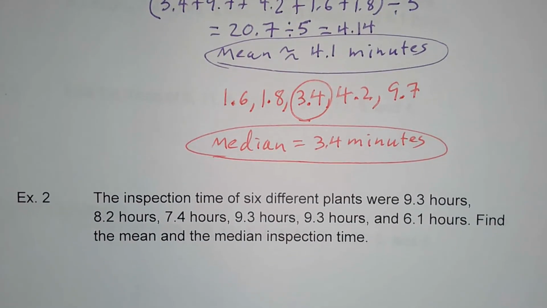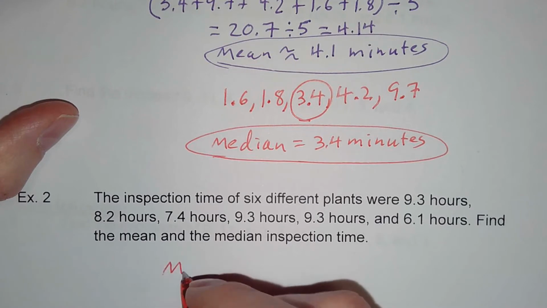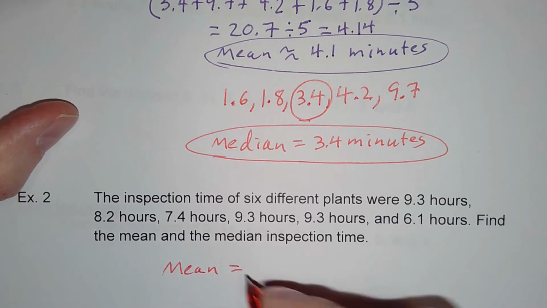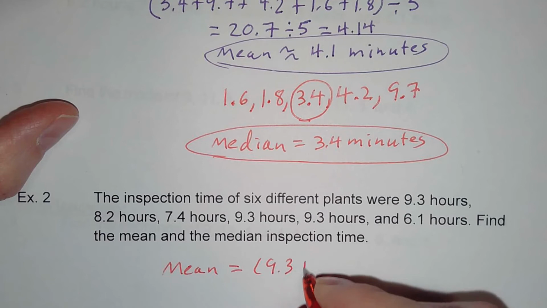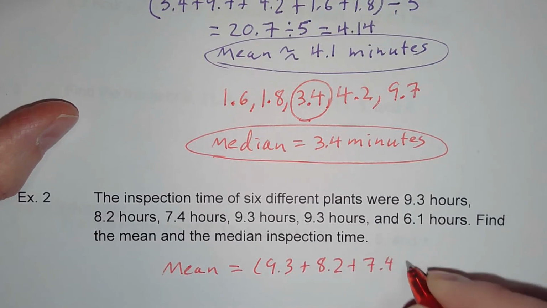Let's try number 2. The inspection times of 6 different plants were 9.3 hours, 8.2 hours, 7.4 hours, 9.3 hours, 9.3 hours, and 6.1 hours. So to find the mean, I need to add these 6 numbers up and then divide by 6.